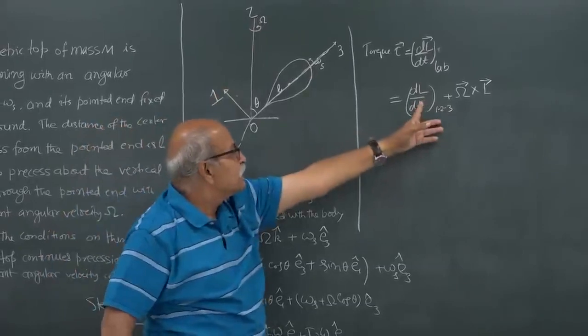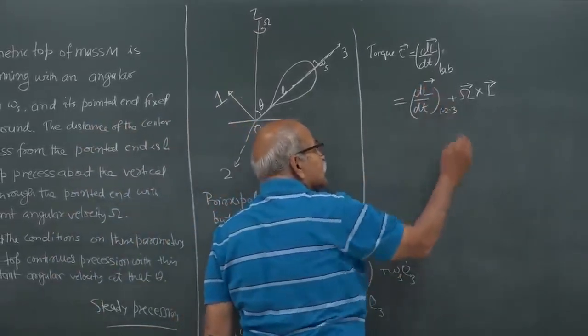So, our frame is rotating at omega, and therefore that omega comes here cross L.